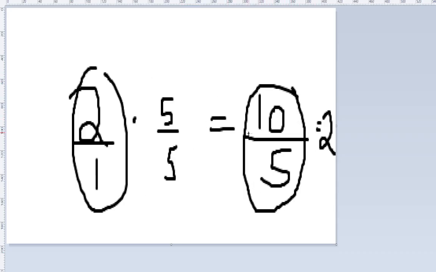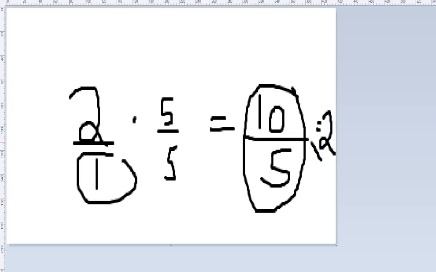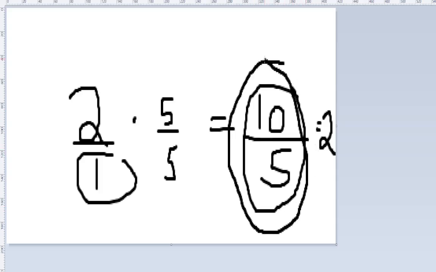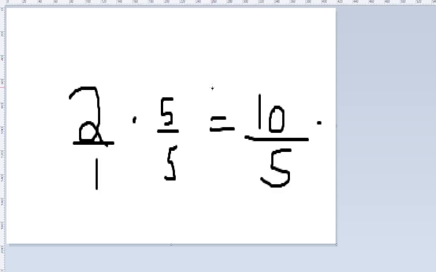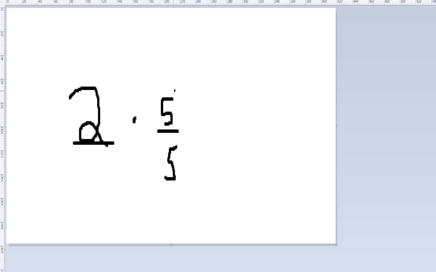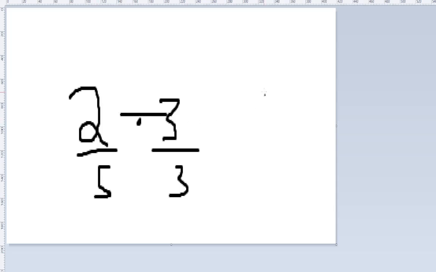We have to do this in math sometimes when I want my 2 not to be over 1, but to be over 5. I have to find the variation of 2 in order to work with it. This occurs mostly when we're adding fractions. Multiplying fractions is easy, as I've said. You simply multiply the top and multiply the bottom.